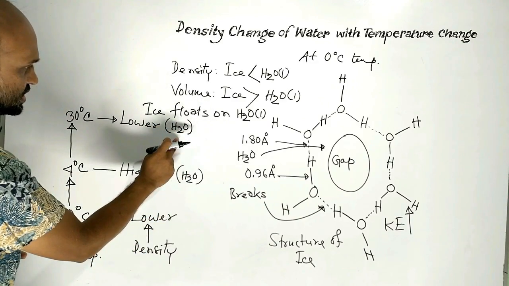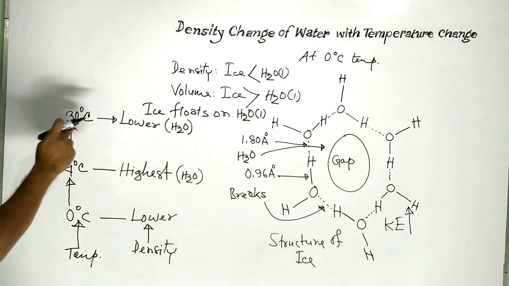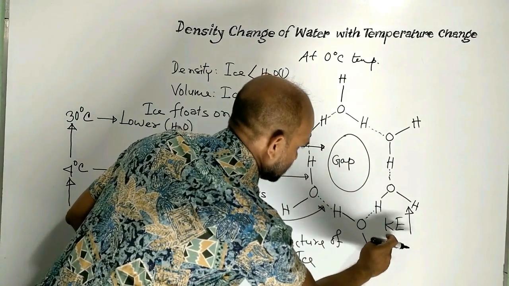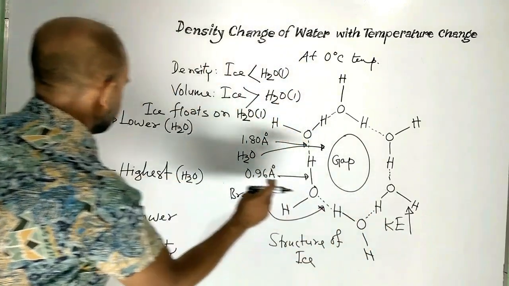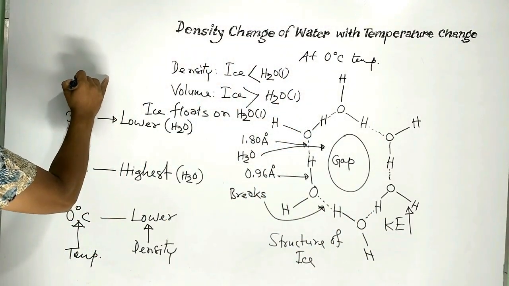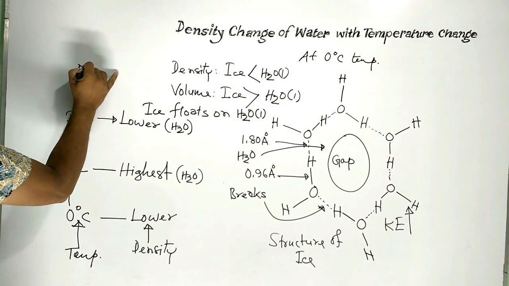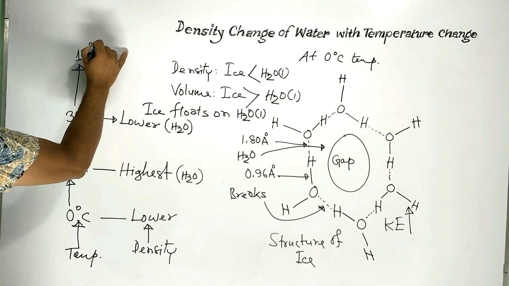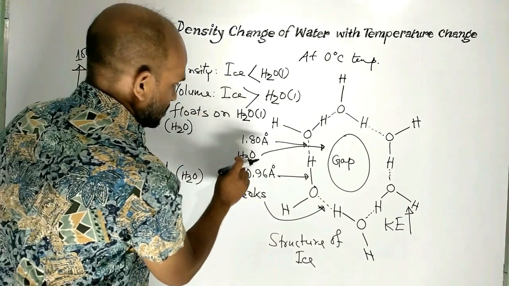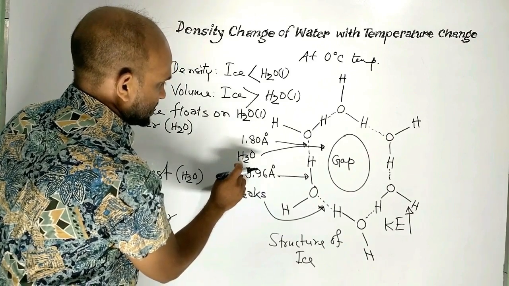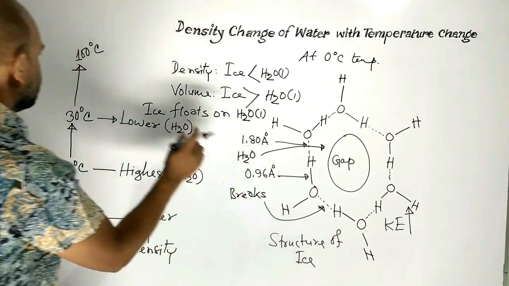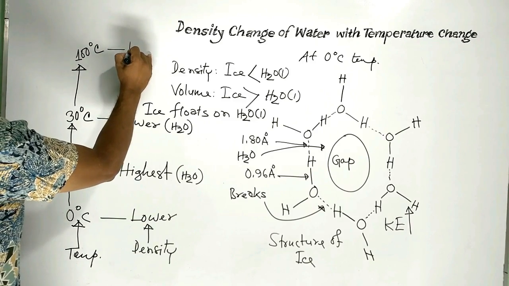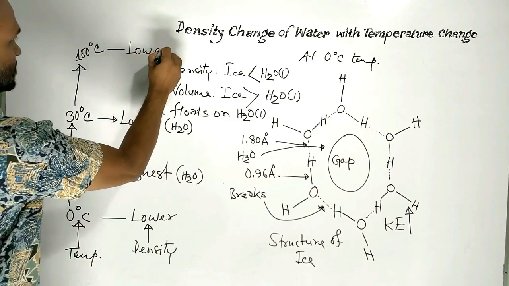But again, when its temperature increases, suppose at 100 degrees Celsius temperature, then water molecules get far away and density of water becomes lowest.